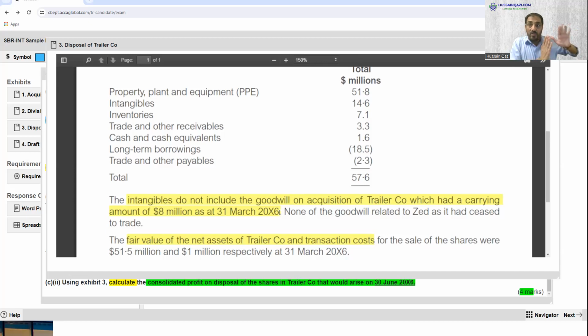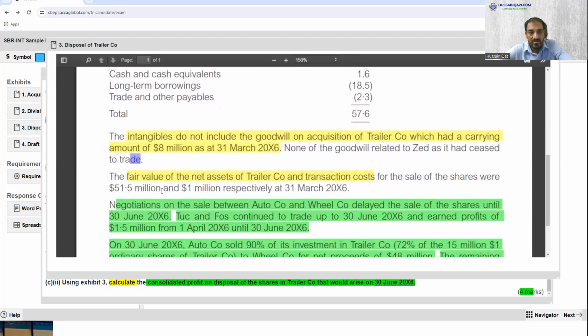So 19 million was at the date of acquisition, 8 million at the date of reporting. So in the meanwhile, whatever the reason, that's impairment and so on, leave it. None of the goodwill related to Z, the division Z, as it had ceased to trade. So this goodwill is about Trailer, but not the division of Z.